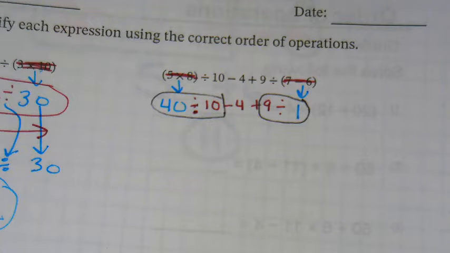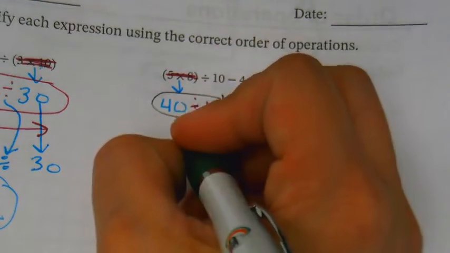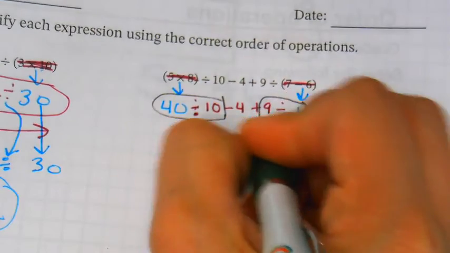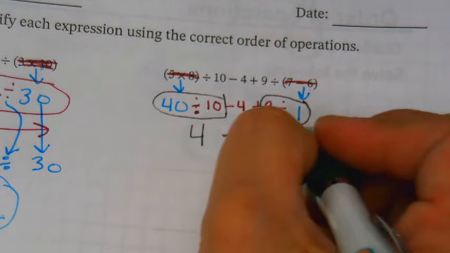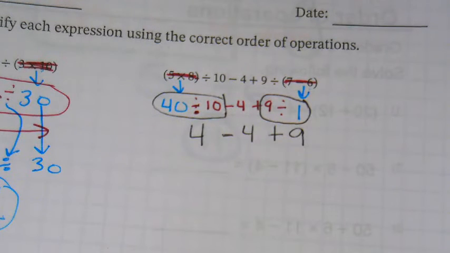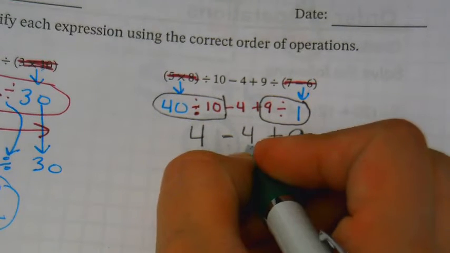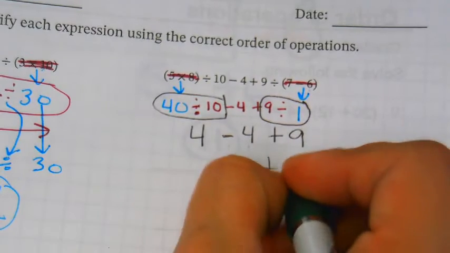What do you get? What's 40 divided by 10? 4 minus 4 plus, what's 9 divided by 1? 4 minus 4, 0 plus 9.